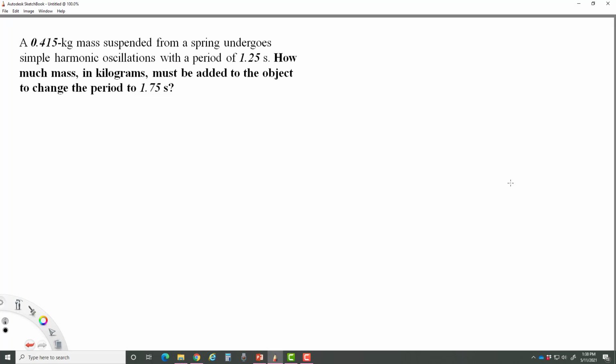We have a 0.415 kilogram mass suspended from a spring, undergoing simple harmonic motion with a period of 1.25 seconds. How much mass in kilograms must be added to the object to change the period to 1.75 seconds? So you have this spring-mass system. For this mass m1, the period is 1.25.